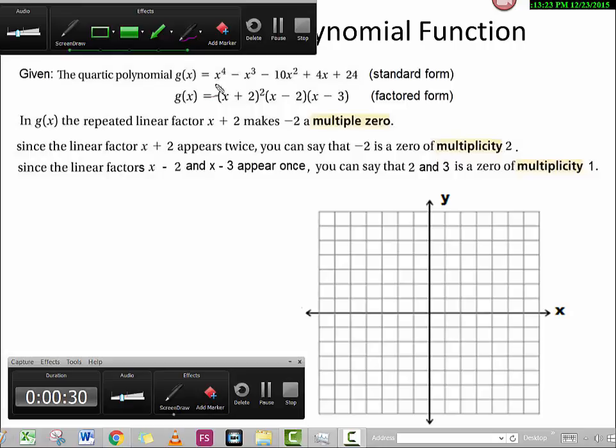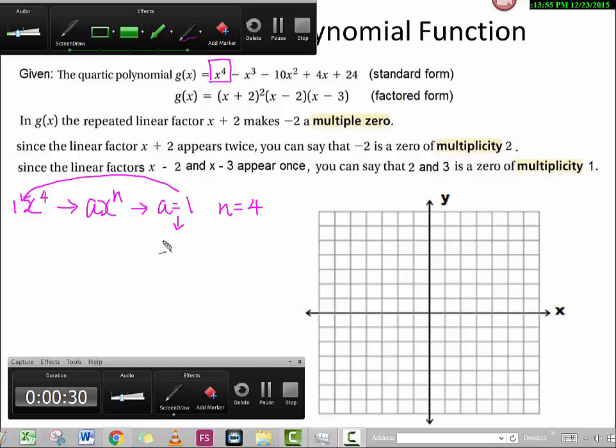First, let's take a look at the leading term right here, because it determines the end behavior and the number of turning points. So x to the 4th power. If you look at the form a x to the n power, a in this case is 1, the leading coefficient, so n is 4.